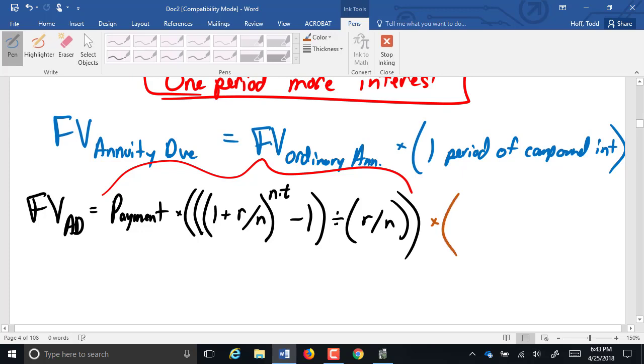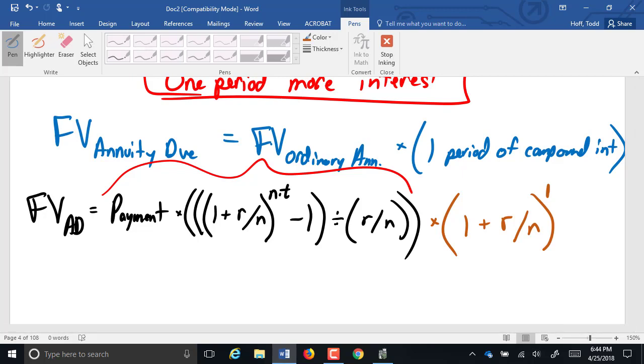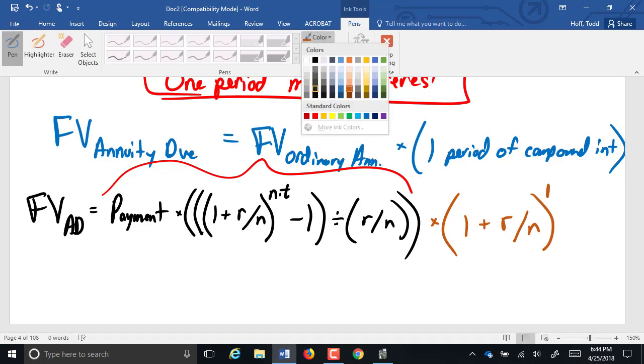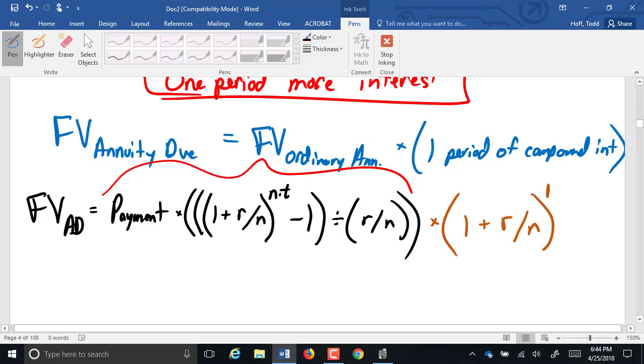So times, open parentheses, 1 plus R divided by N, and then close parentheses. Now, technically, this has a power of 1 here because it's for 1 period, but does it matter if we put that 1 in there? No, it doesn't matter. Everything's implied to have a power of 1, so we don't need to put that power in. So, example time.